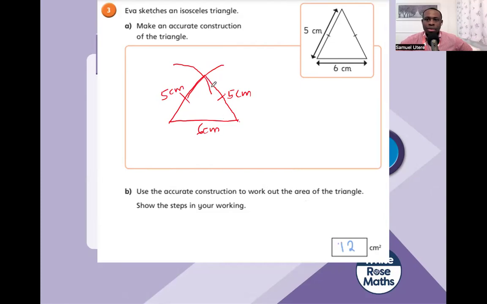So after you've done your construction, use your ruler to measure the perpendicular height from the base all the way to the top, to the vertex. And then you use the formula half times 6 times the height that you measure, using your ruler. And you see that your answer will be 12 centimeters squared.